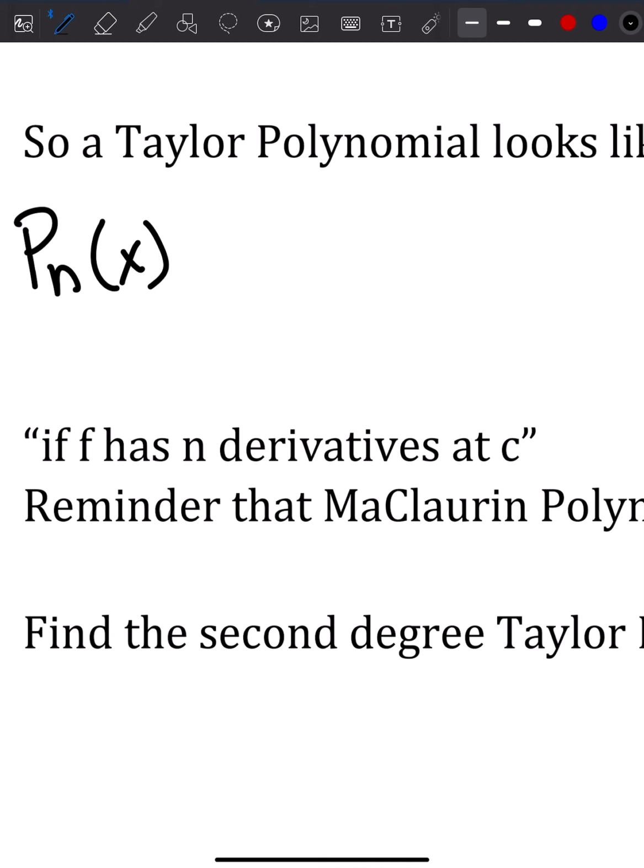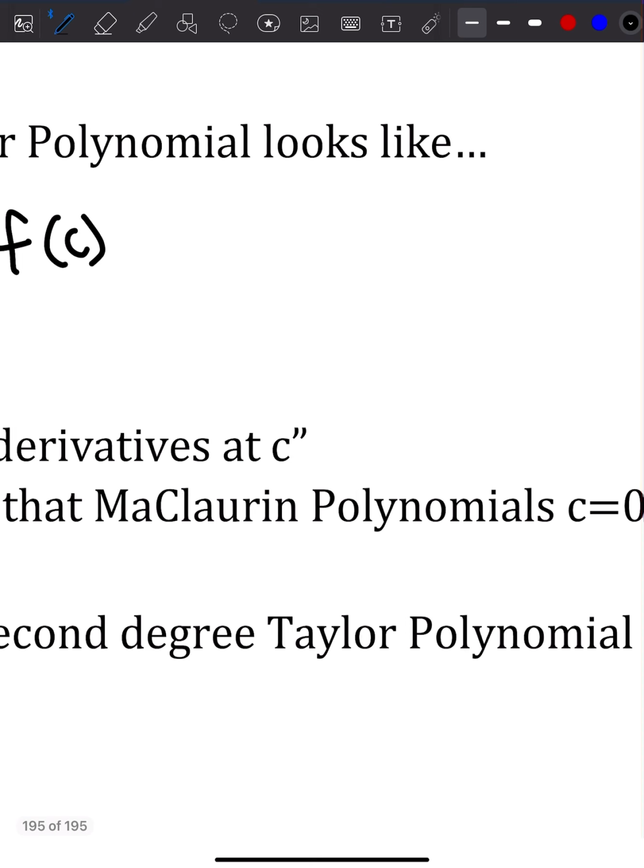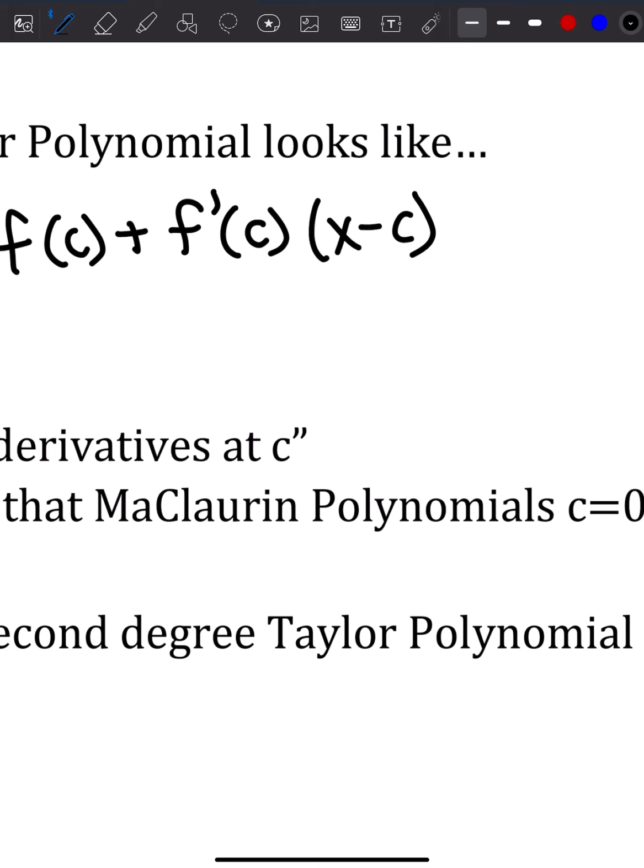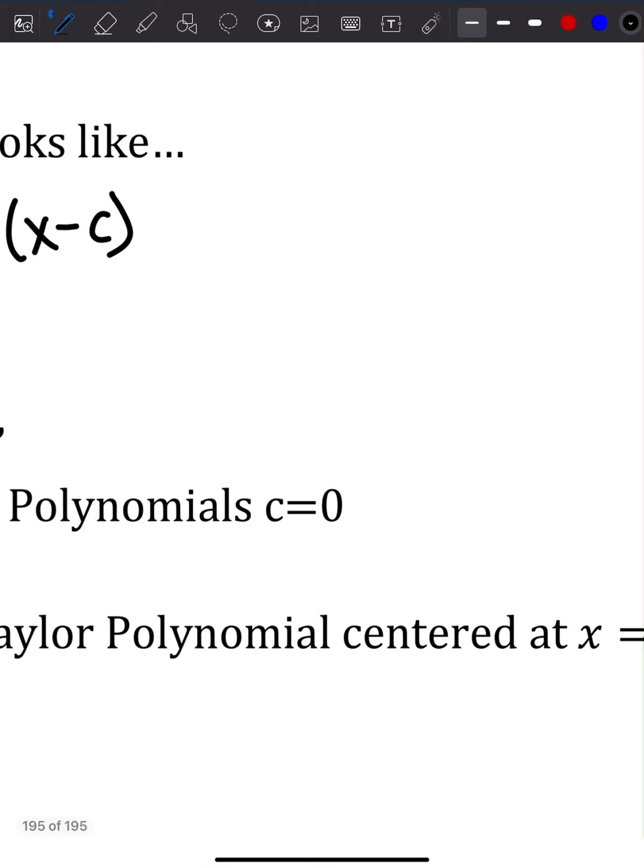So our formula is now going to look like P n of x equals, instead of a sub 0, we're now going to use f of c. So whatever our function is, we're going to use that center, plus our first derivative at our center times x minus c, plus our second derivative at our center, but we're going to divide that by 2 factorial.